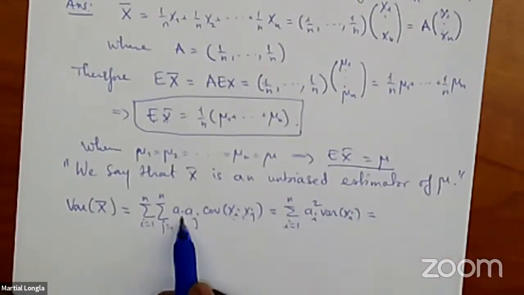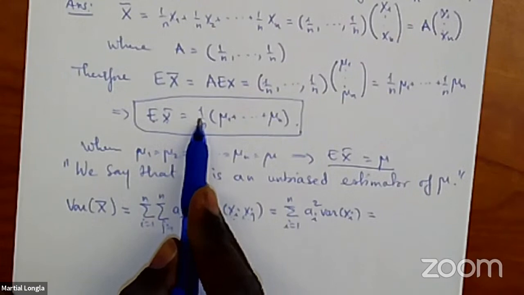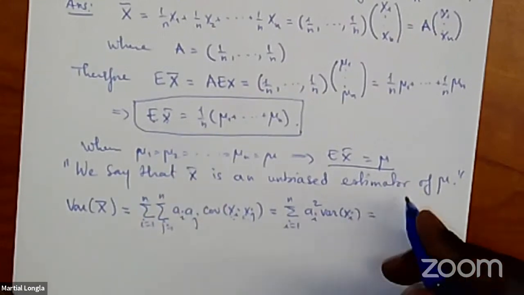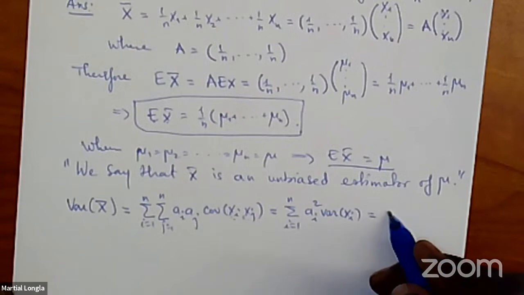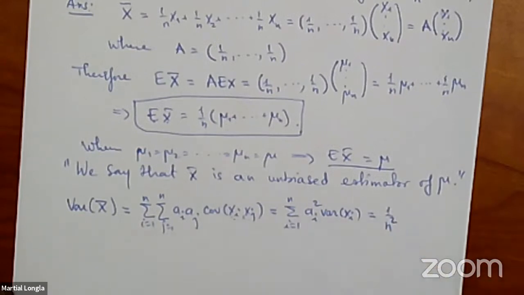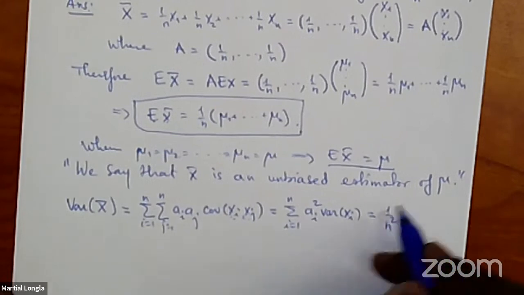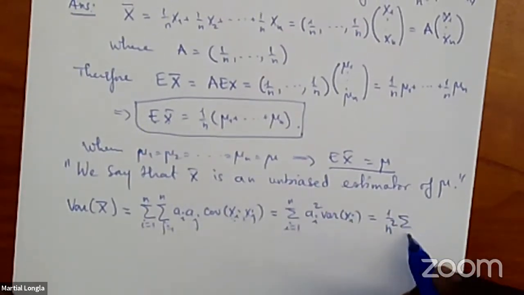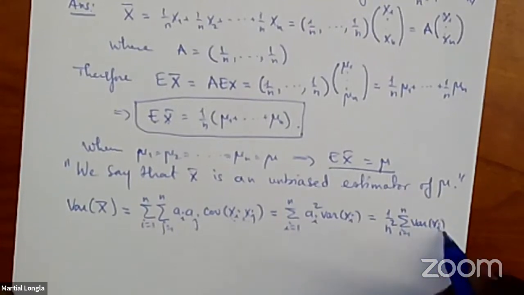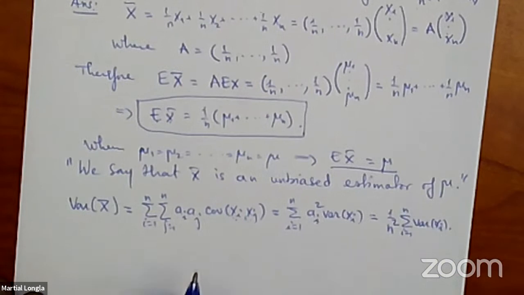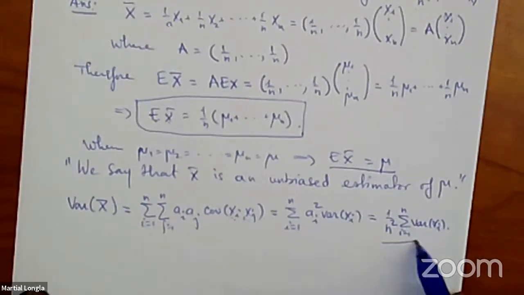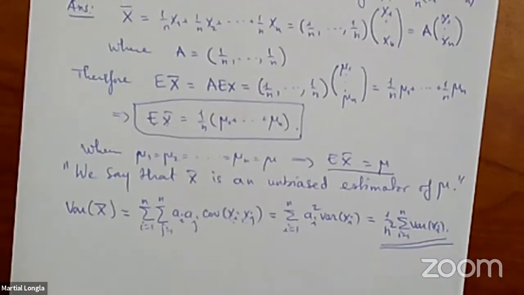because the covariance of xi with itself is the variance of xi. And ai in this problem is 1 over n, so that is 1 over n squared sum i from 1 through n variance of xi in this problem. So that's how you would find the variance of x bar.